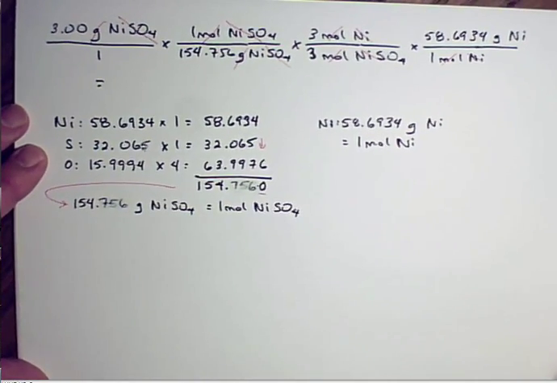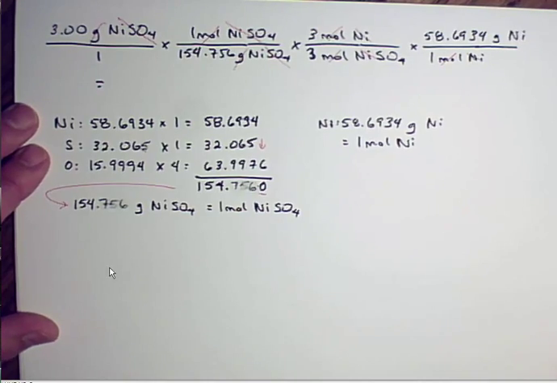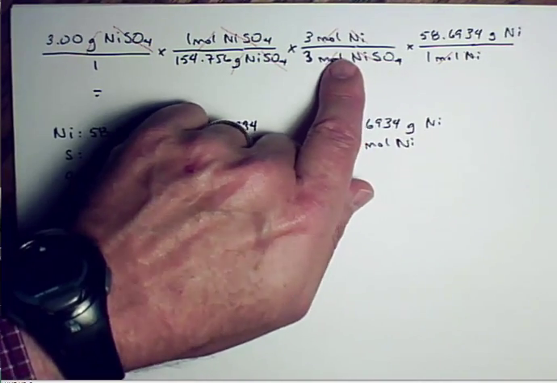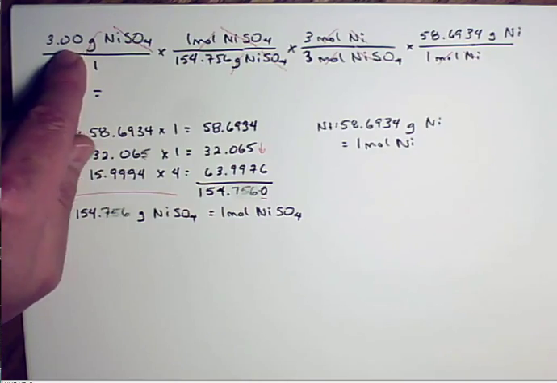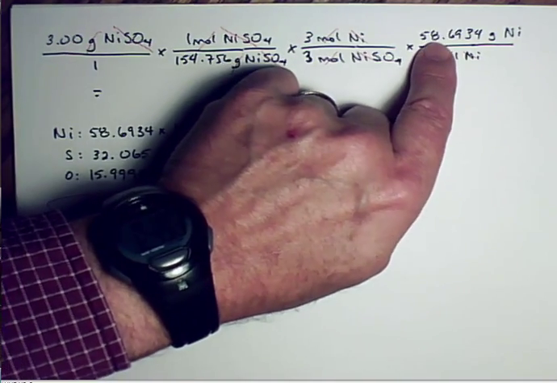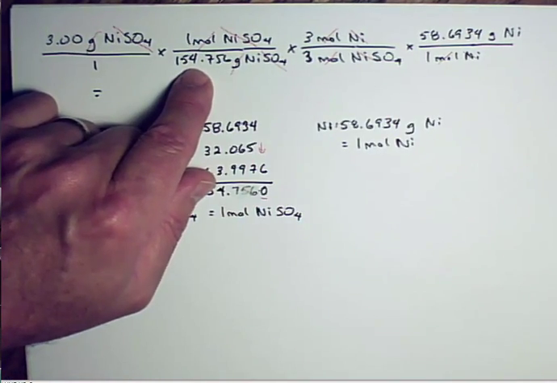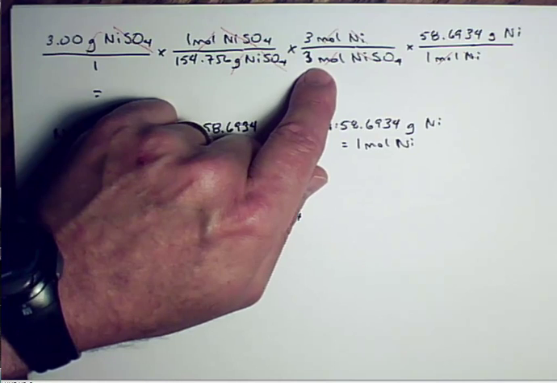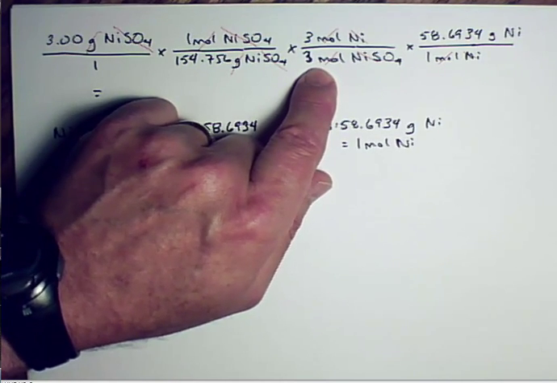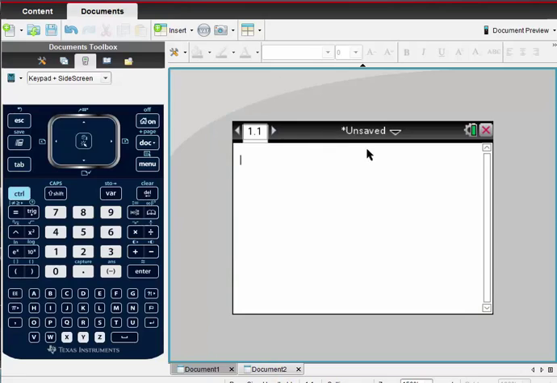Now to do this math up here in the stoichiometry problem, we're going to multiply what's across the top. 3 times 58.6934. We're going to hit enter. We're going to divide by this number, hit enter again, then divide by this number, hit enter again. So let me show you what that looks like on my computerized calculator here. So it's 3.00 times 3 times 58.6934, and I'm going to hit enter.